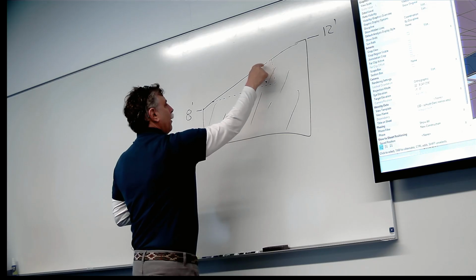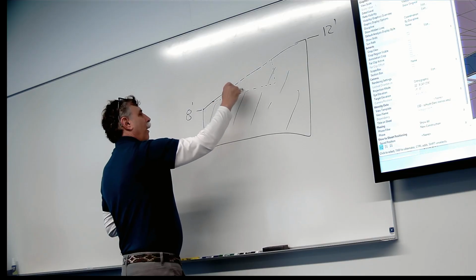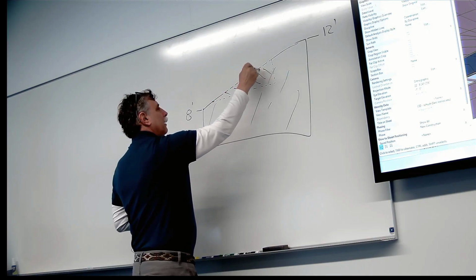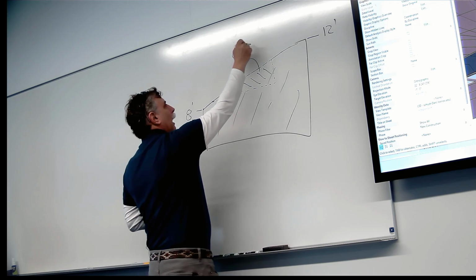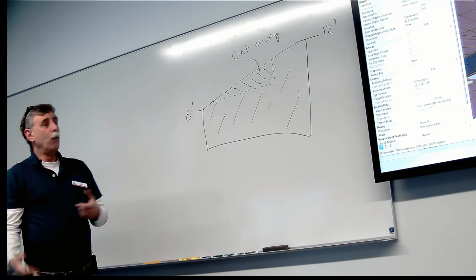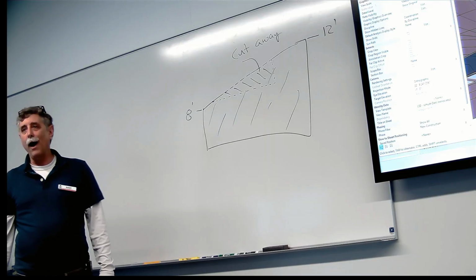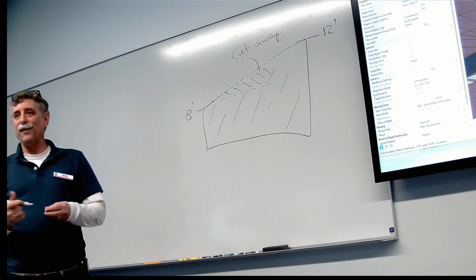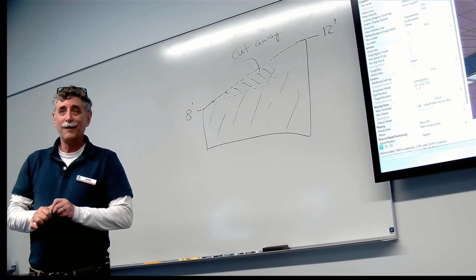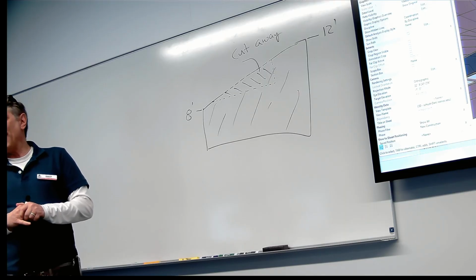And I'm going to cut away all this part. So this is all cut away. It's cut. Well, where am I going to put that dirt? I'm going to load it into a truck, take it to the fill area of the dump. So that's expensive. I'd rather not do that.